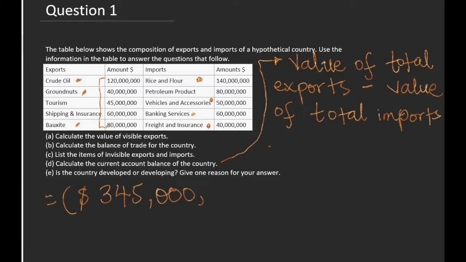That's the total exports, minus the total imports. Everything is 140 plus 60, 200, 290. So everything will be about 370 million.